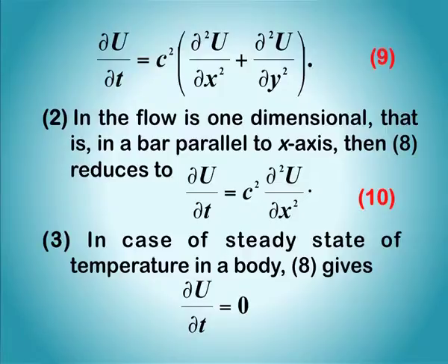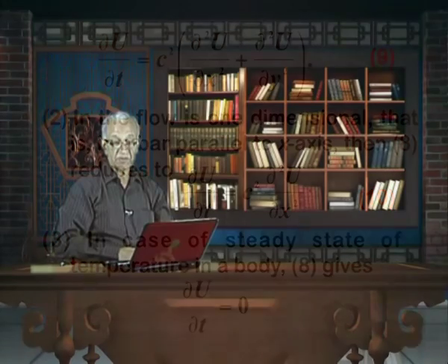In case of the steady state of temperature in a body, equation 8 from where we started gives du dt is equal to 0.